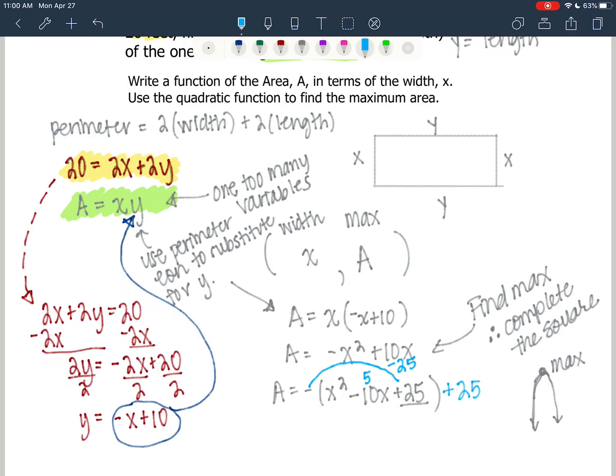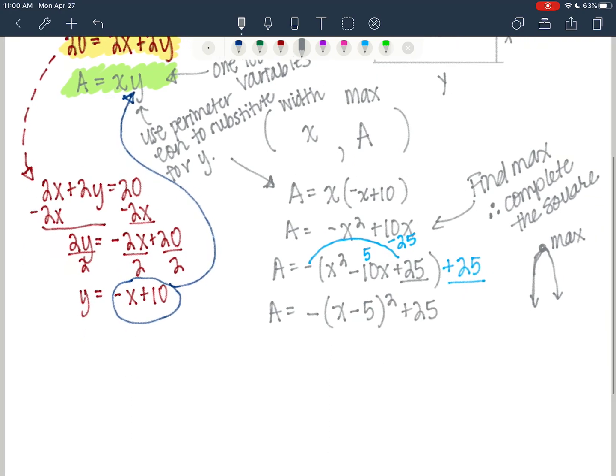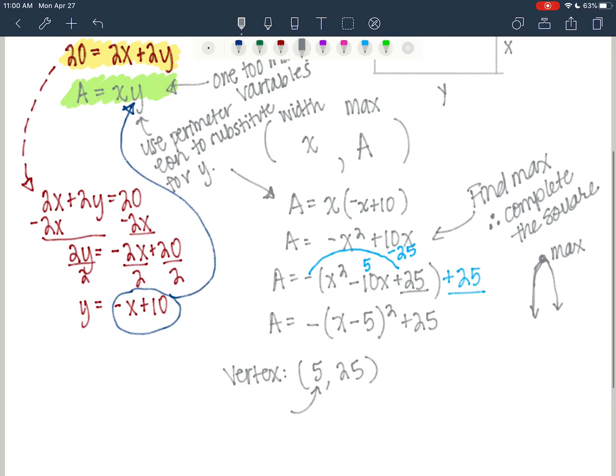Therefore, we're going to add 25 to undo it or zero it out. Now we'll have negative x minus 5 quantity squared plus 25. Our vertex is (5, 25). Remember, the first value in the ordered pair represents the width.